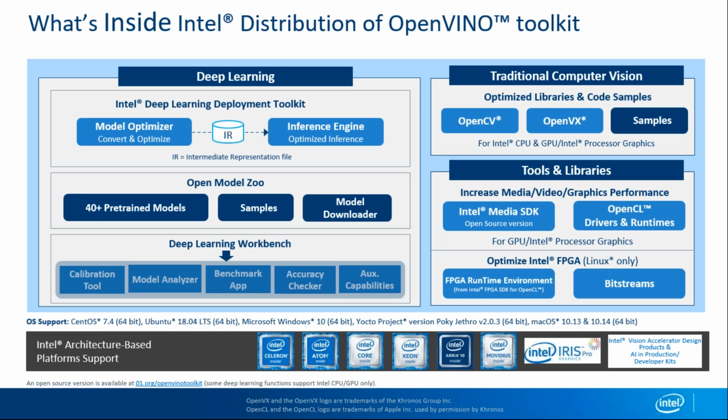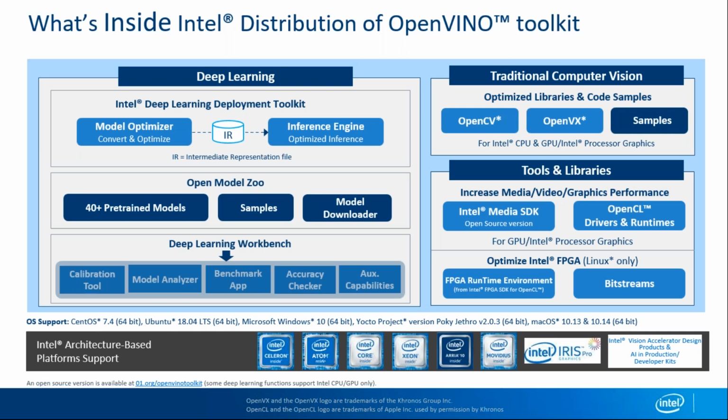So you can, for example, prototype your project on your laptop using the CPU as accelerator, and then when everything works fine, you can move to your target accelerator and target platform by changing only one line in your application. This is very important because we only have to change the name of the target device, for example from CPU to Movidius, from CPU to FPGA, and so on.